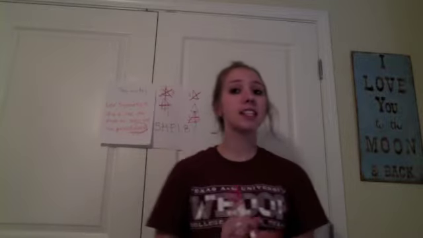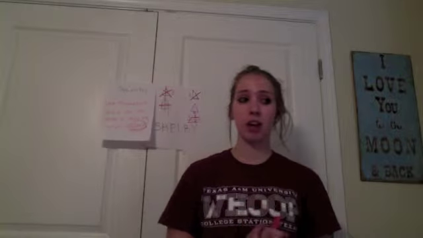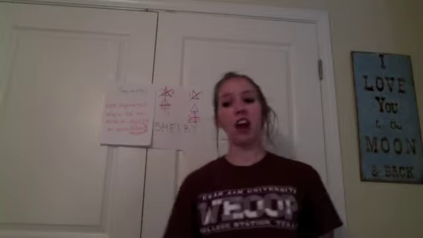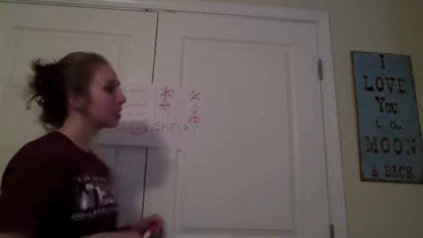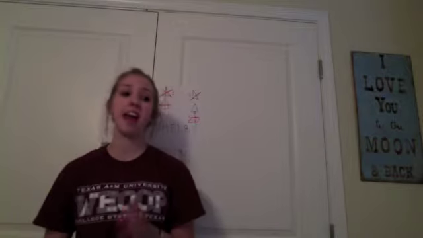Okay, so for the activity today, so we can better understand symmetry, I want each of you to go get a magazine. Your magazine already has a piece of construction paper in it for you. Okay, so everybody go get a magazine and come back to your desk. Alright, so with the magazine, what you're going to do is go through the magazine and find letters in your first name.